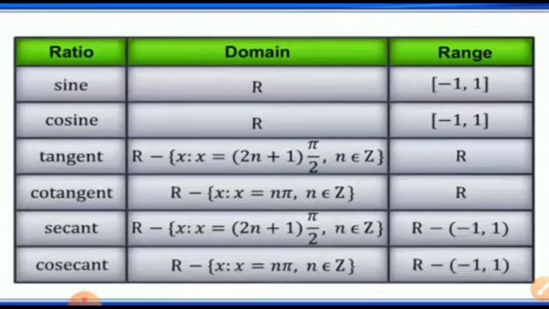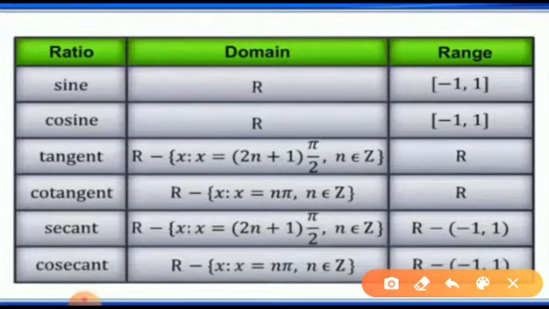Then sec and cosec. Sec is defined on R minus odd multiples of pi by 2, because sec is nothing but 1 by cos, and cos is not defined at odd multiples of pi by 2.